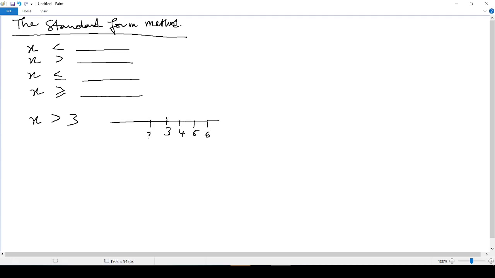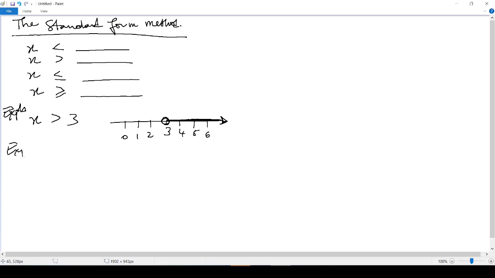Before 3 I have 2, 1, 0. What side is greater? Obviously the right side, right? So I bold this side with an arrow, and then my 3 is an empty dot because 3 is not part of the solution. So this was example 1.